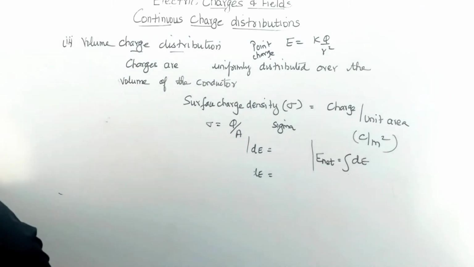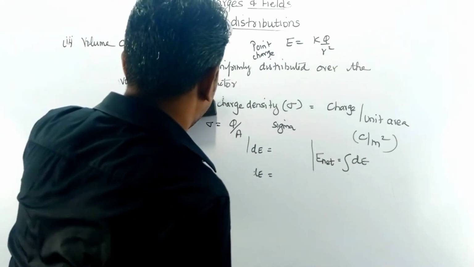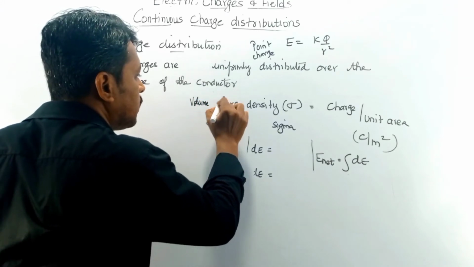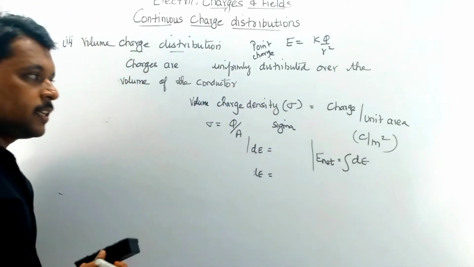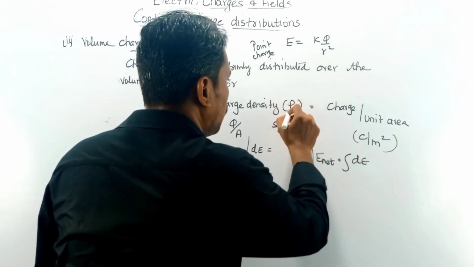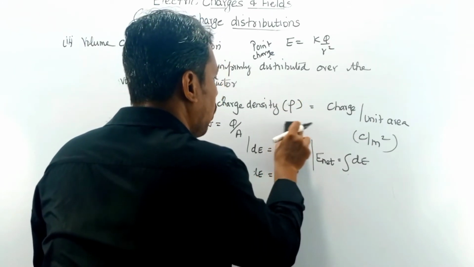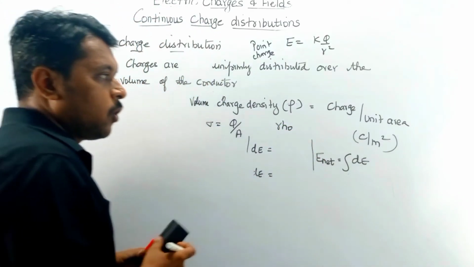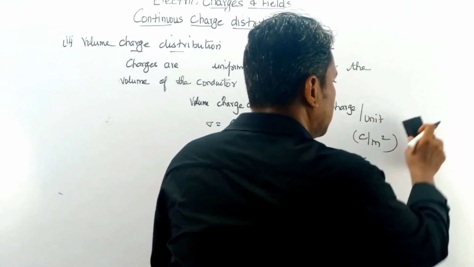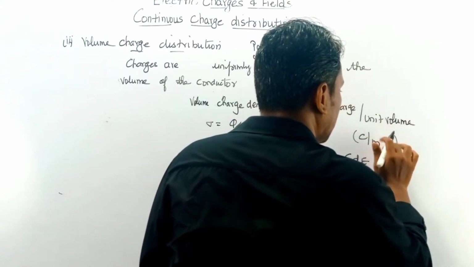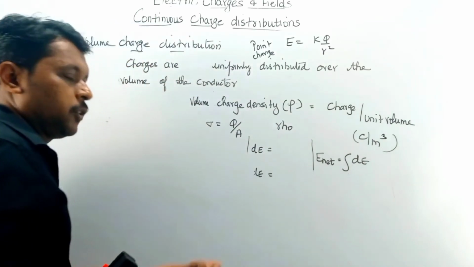Here we are going to introduce a term which we call volume charge density. The volume charge density is given by the symbol rho. So what is rho? Charge per unit volume. Here the unit is coulomb per meter cube.